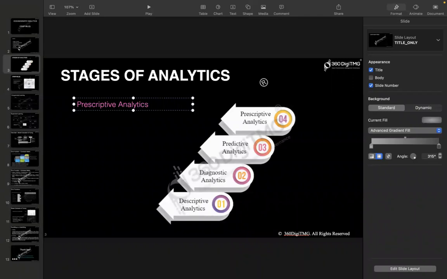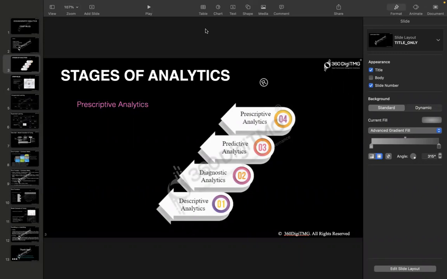Prescriptive analytics is a form of advanced analytics which examines data or content to answer the question: what should be done, or what can we do to make it happen?